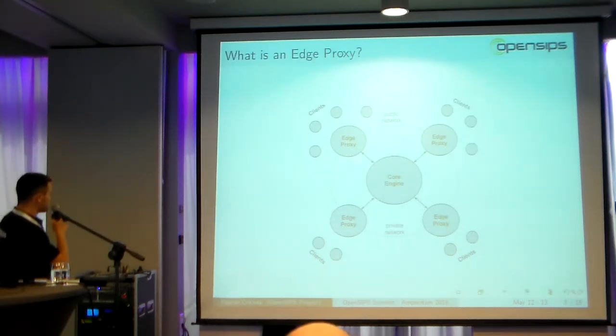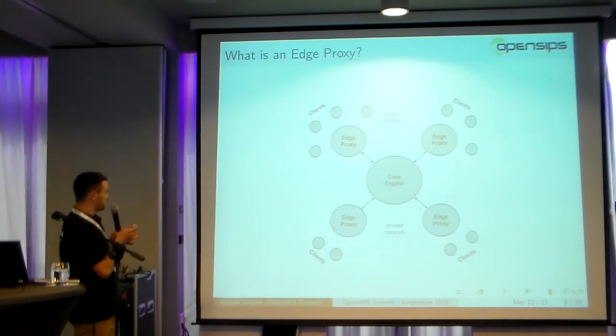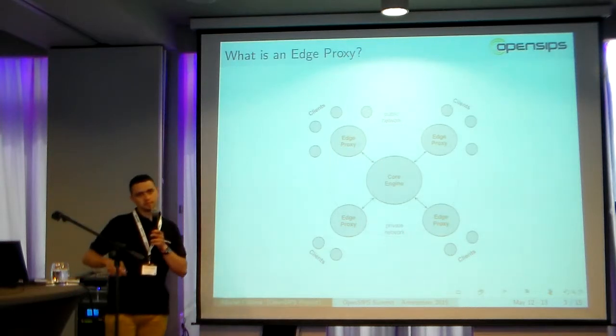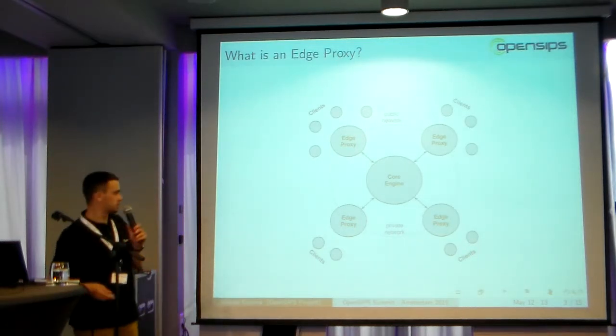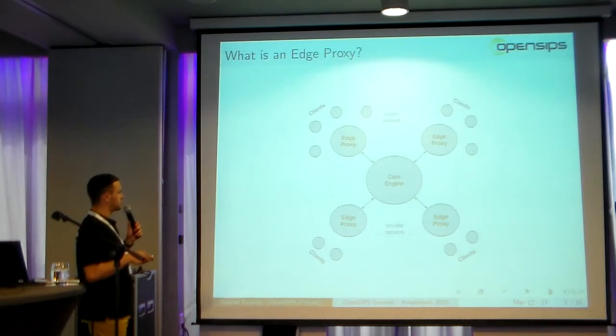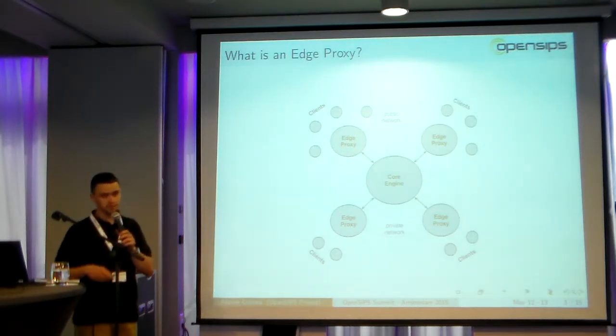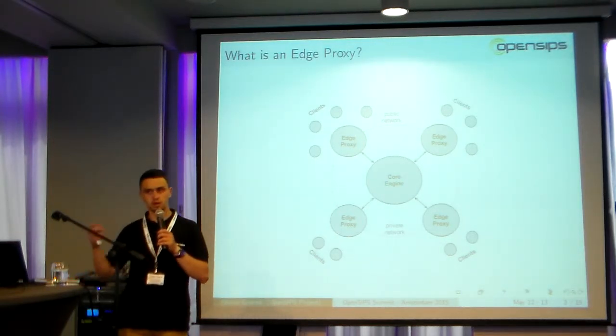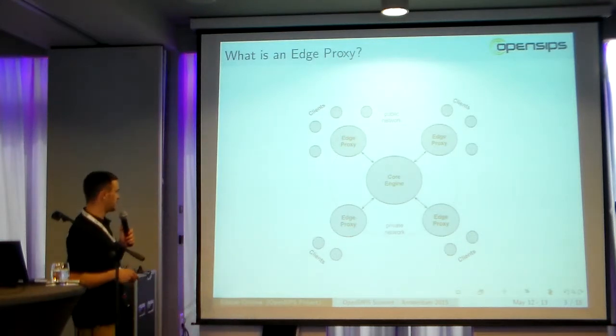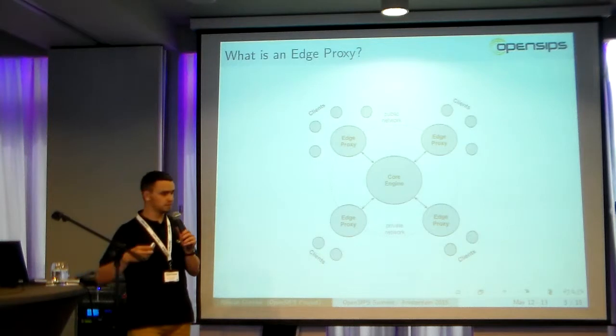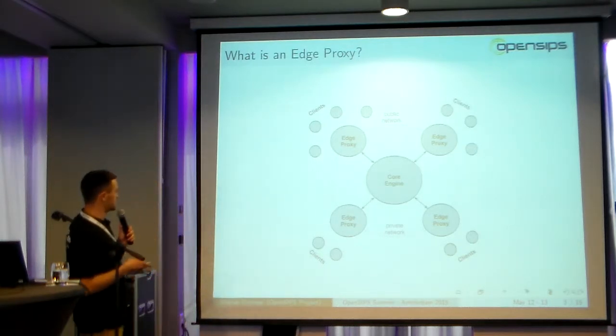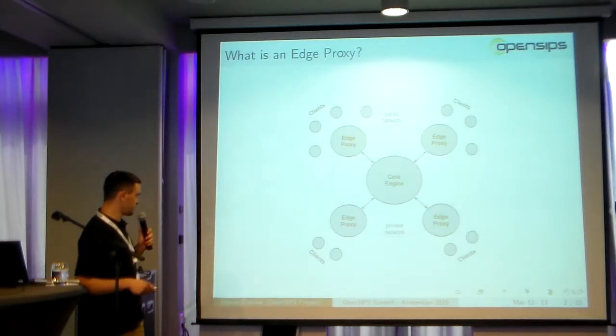So let's see, what is an edge proxy? Basically, a typical topology consists of several core engines. These are very sensitive, they are very smart. They do routing, they do accounting, there might be multiple instances that communicate between them.